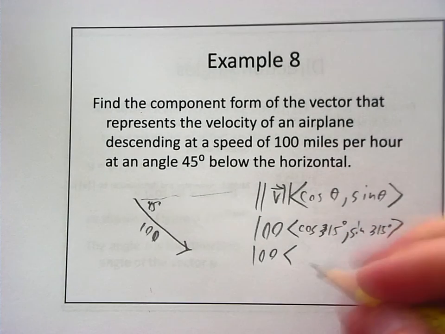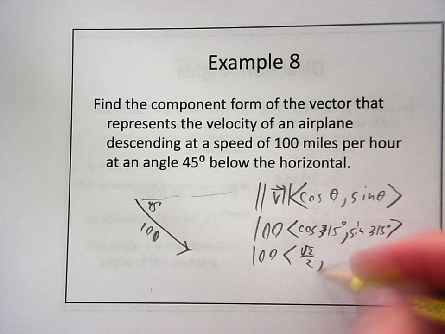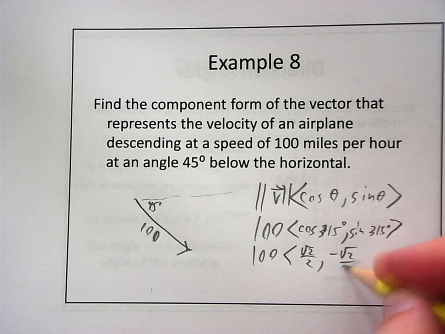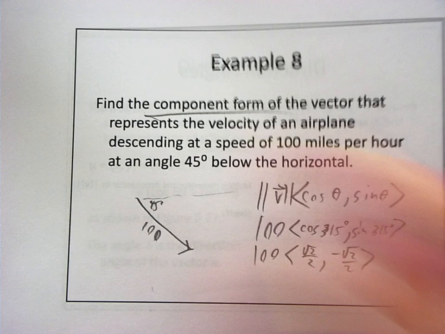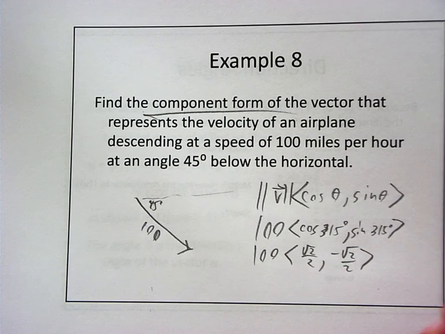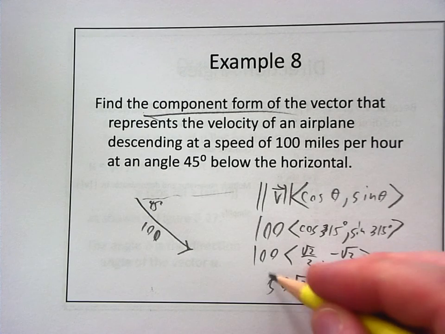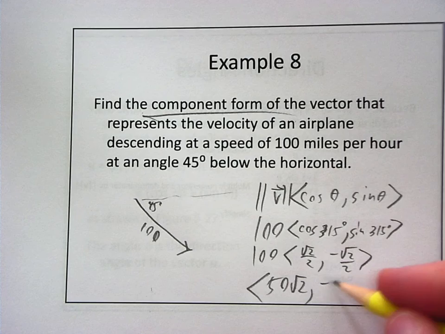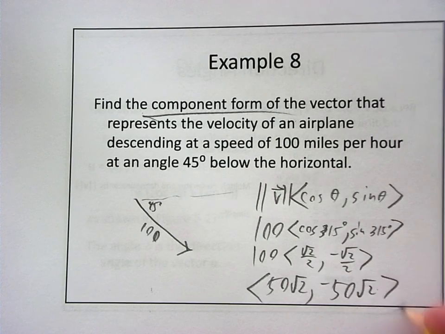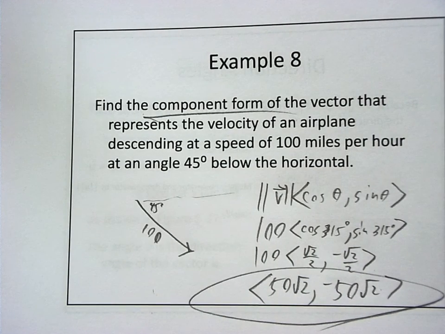Square root 2 over 2. Sine? Negative square root of 2 over 2. So if I want component form of this vector, I'm going to take the 100 and distribute it. What's 100 times square root of 2 over 2? 50 root 2. And then times negative will just be negative 50 root 2.